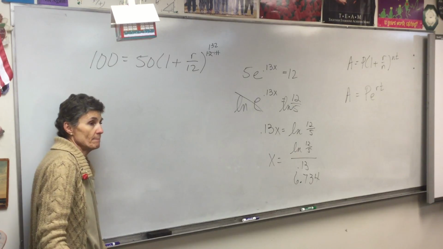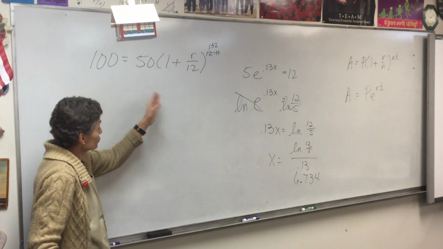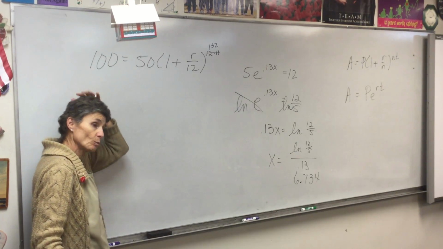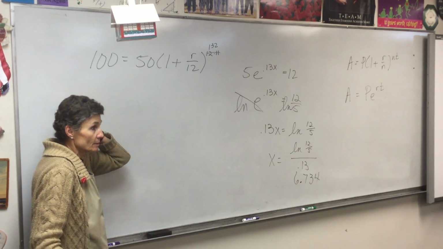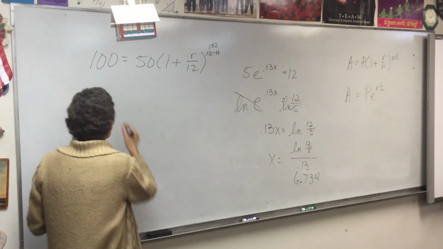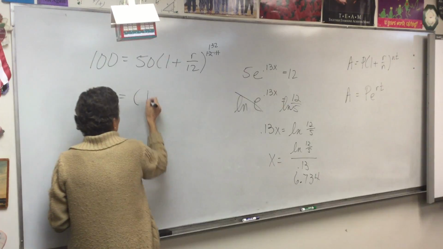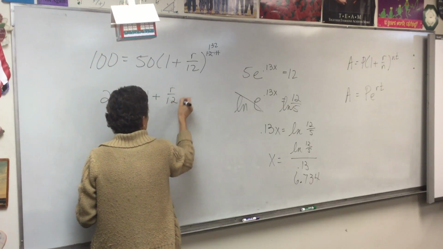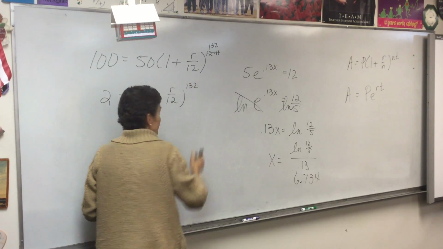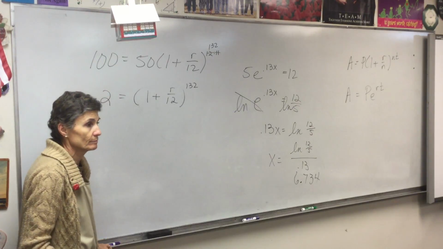Now what? Take a look at your equation. What do you think might be a good way to start? Divide. So 2 equals 1 plus r over 12 to the 132nd power.